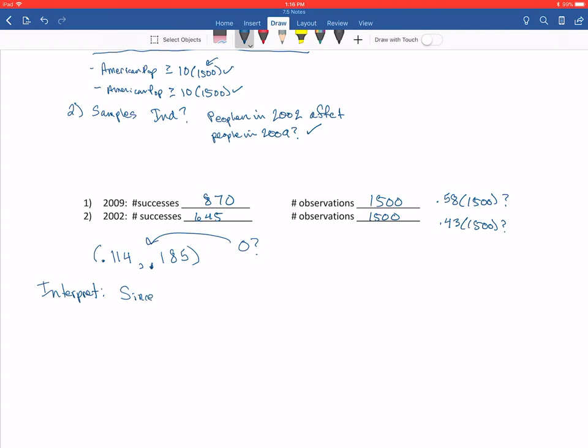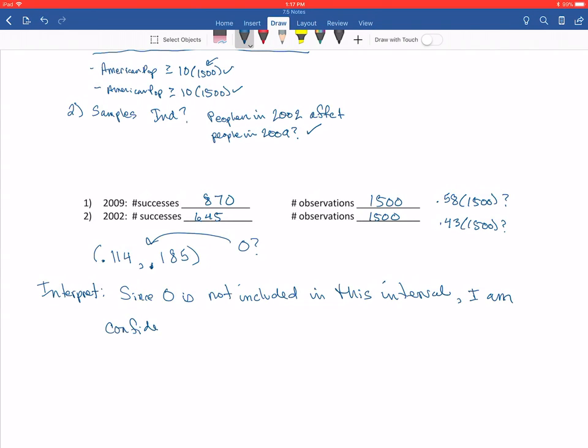The answer here is no. So I might say something like, since 0 is not included in this interval, what they're saying here, again, these numbers came from subtracting the values. So we've subtracted the values, the different options for the values, and we never got 0 as an option. So what that tells me is that I'm going to conclude that these 2 population proportions really are different.